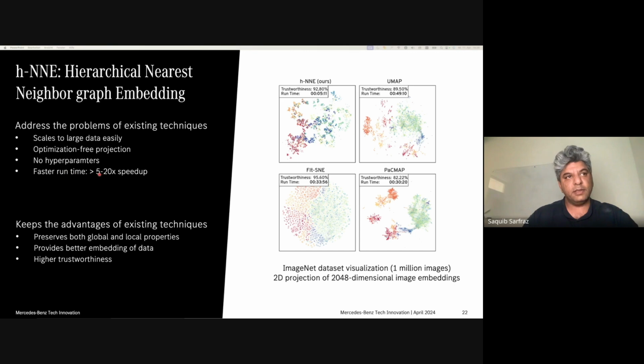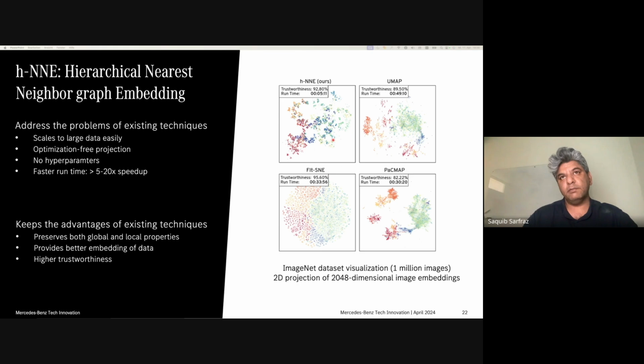Actually, in many cases, you can observe more than a 5 to 20 times speed up, while it keeps mostly the advantages of the existing techniques: it preserves the global and local properties of the data, provides a good embedding, and also higher trustworthiness. As you can see here, a small comparison on the 1 million ImageNet dataset, the whole ImageNet dataset here.